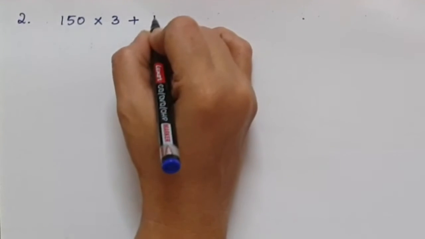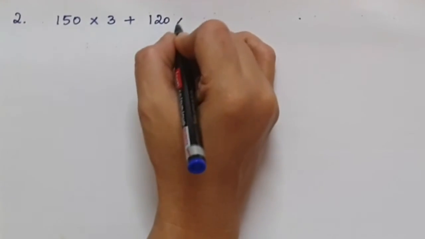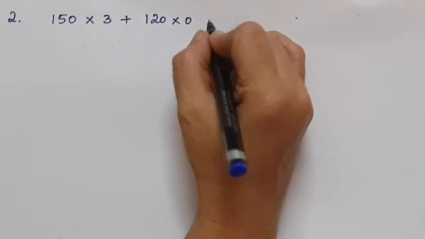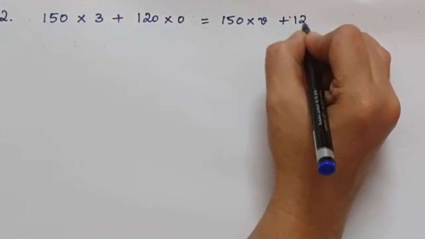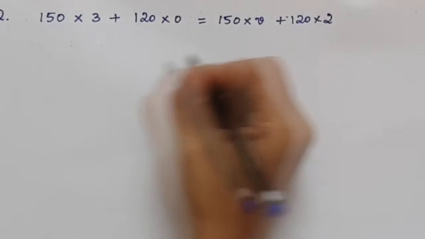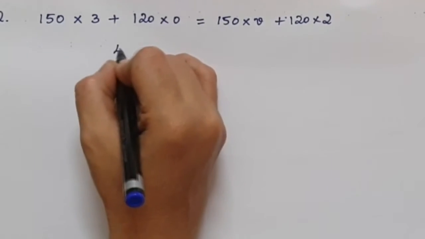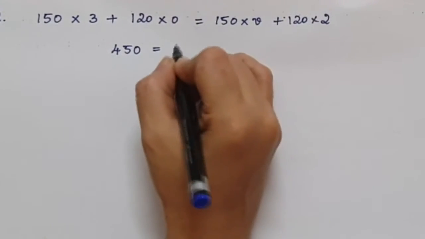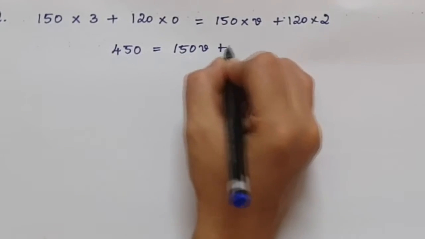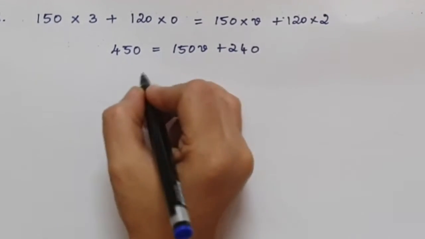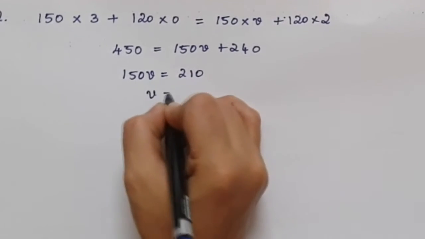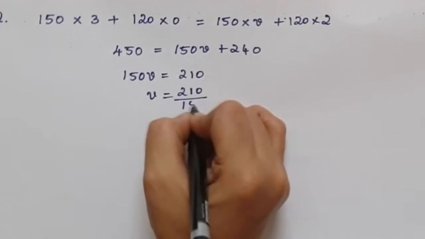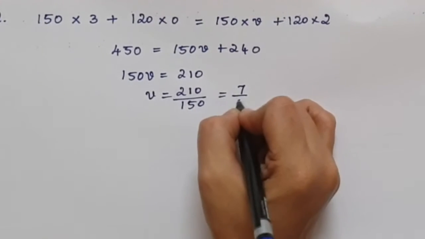That is the speed, and it is hitting a stationary car, so the speed is 0. That will be equal to 150 into v plus 120 into 2. So when we simplify it, it is 450 will be equal to 150v plus 240. So 150v will be equal to 210. So v will be equal to 210 over 150. So it is 7 over 5.